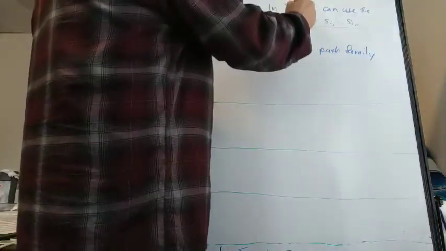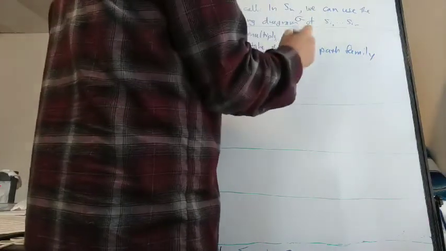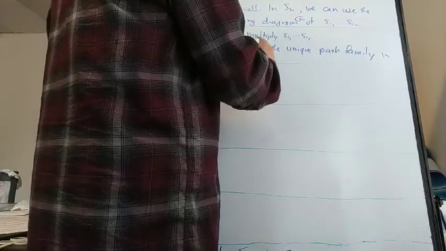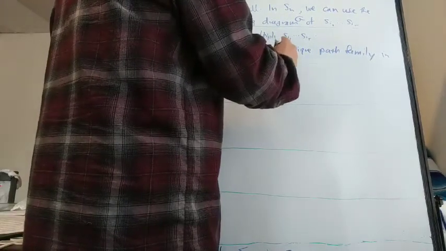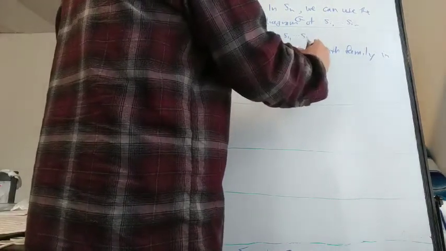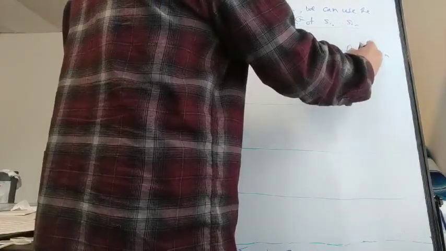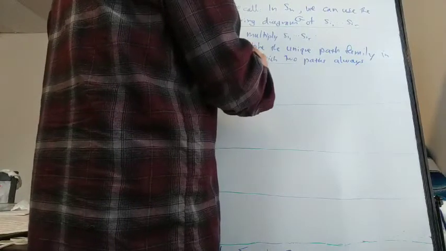Let's say the wiring diagram is G. We take the unique path family in G in which two paths always cross when they have an opportunity.